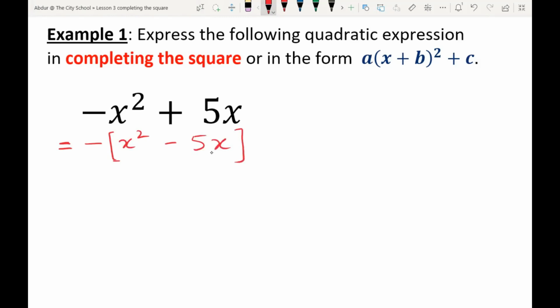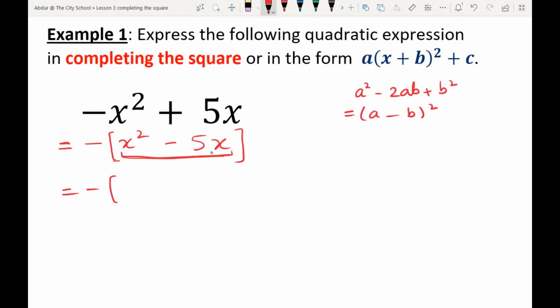Next step is we have to write in three terms by using an identity. So recall the identity. Identity is a square minus 2ab plus b square will be a minus b whole square.